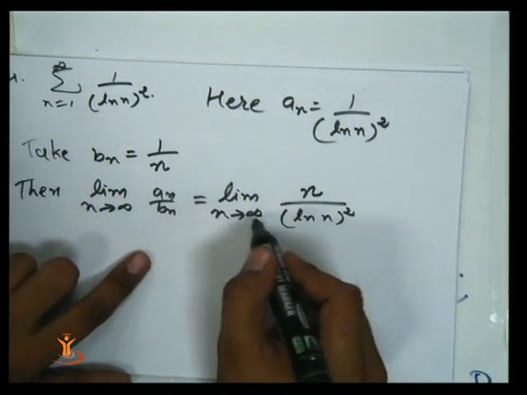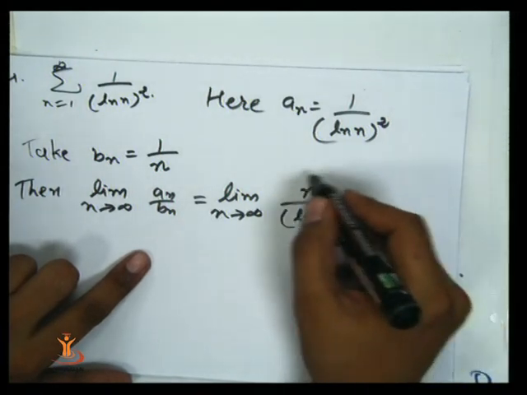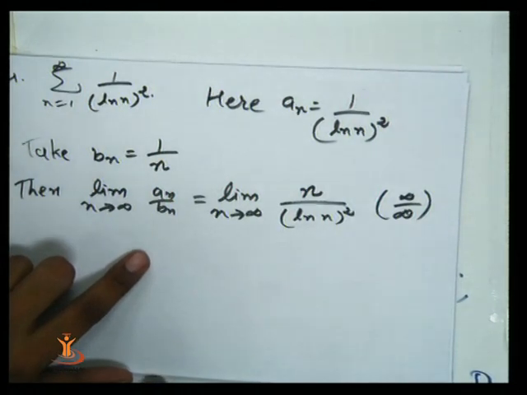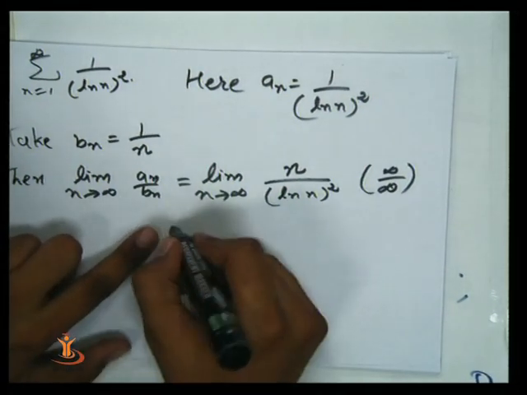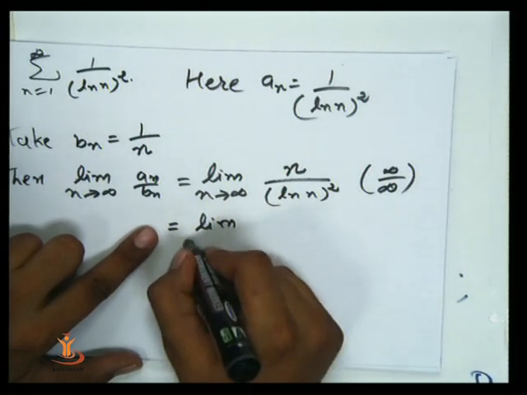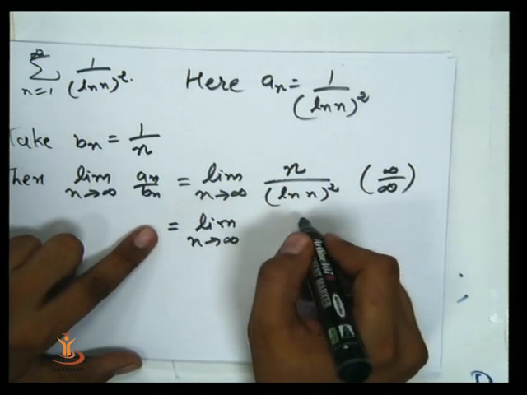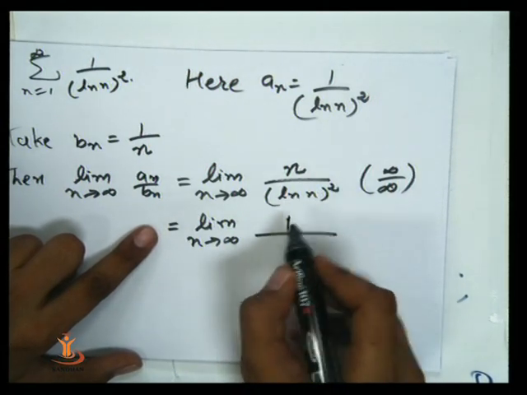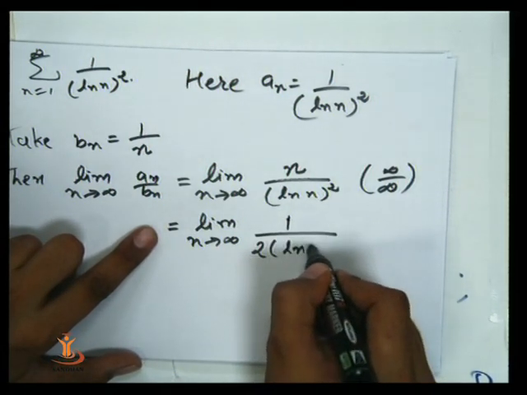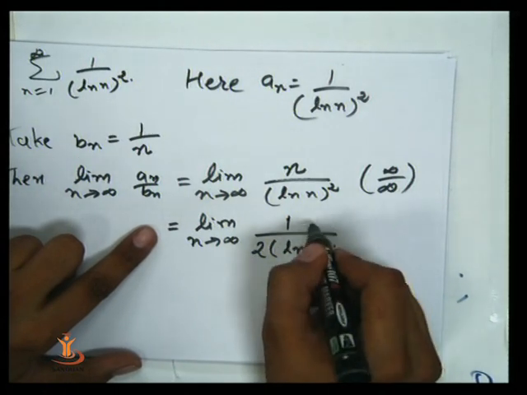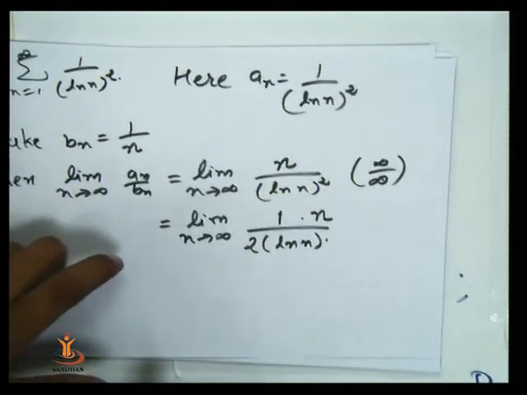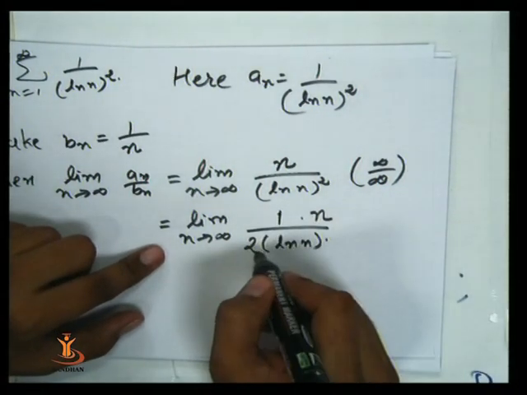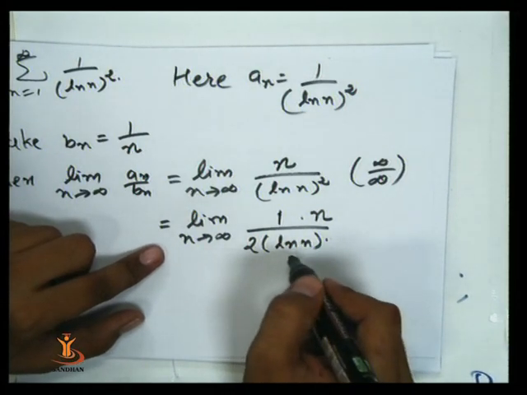Now if we take n tends to infinity, n upon (ln n)^2 is of the form infinity upon infinity, again an indeterminate form, and by using L'Hopital's rule we get the limit as n tends to infinity of the derivative of n, which is 1, over the derivative of (ln n)^2, which is twice ln n into 1 upon n. 1 upon n will go to the numerator, so again we have n in the numerator and the denominator is twice ln n.